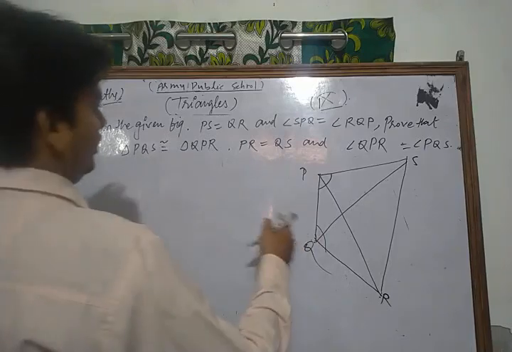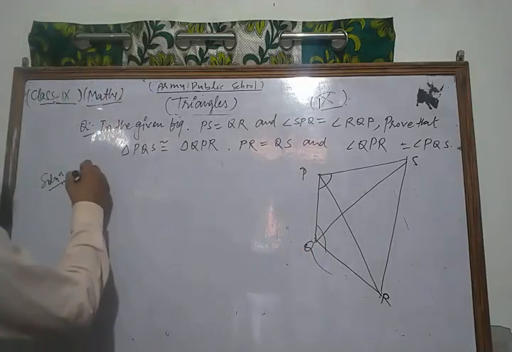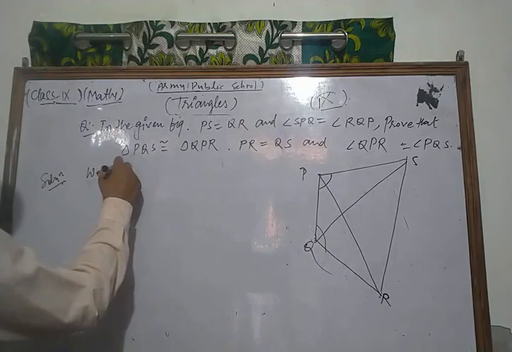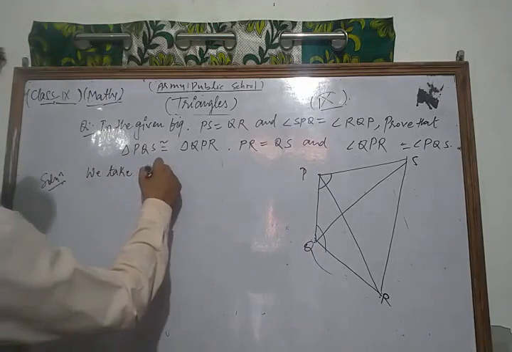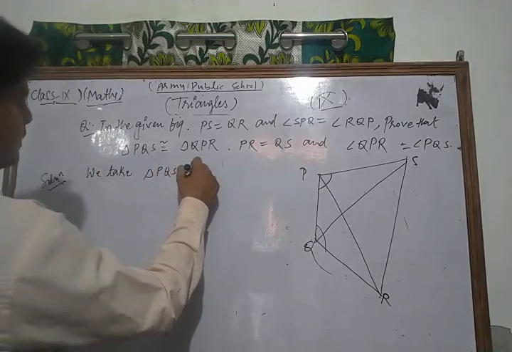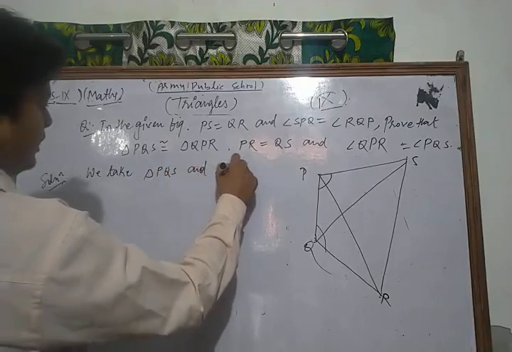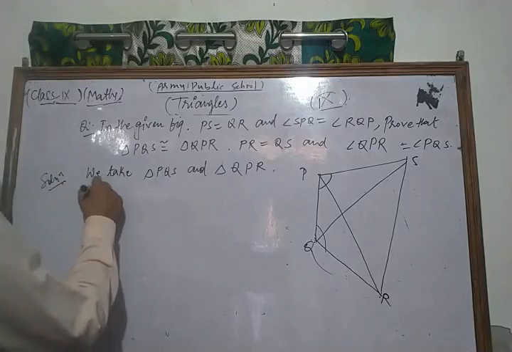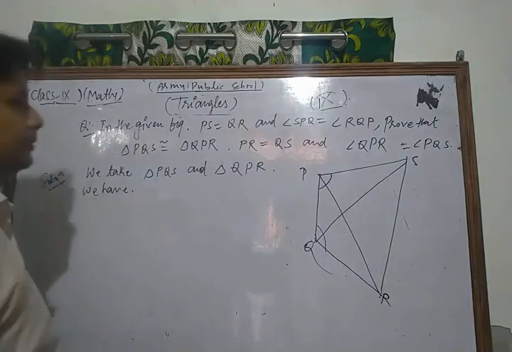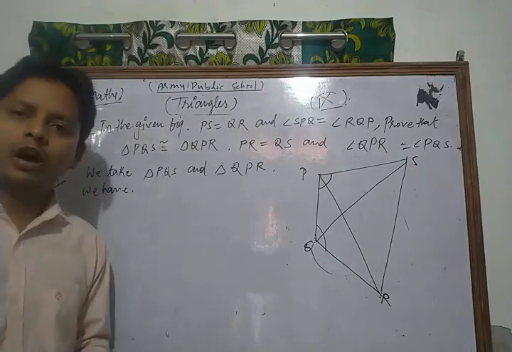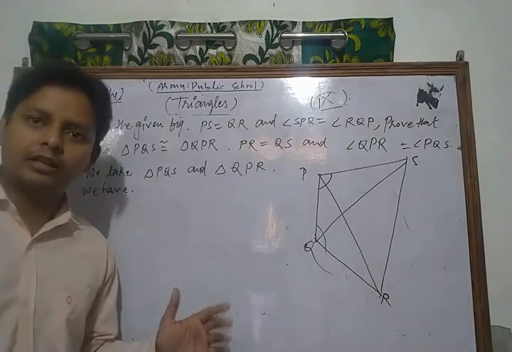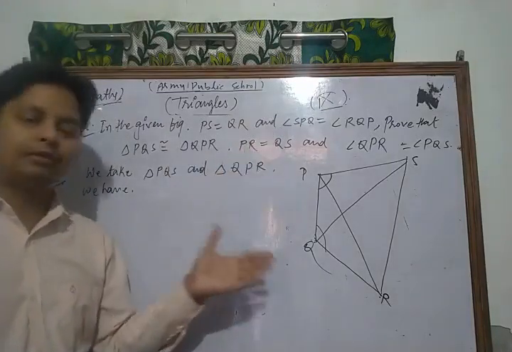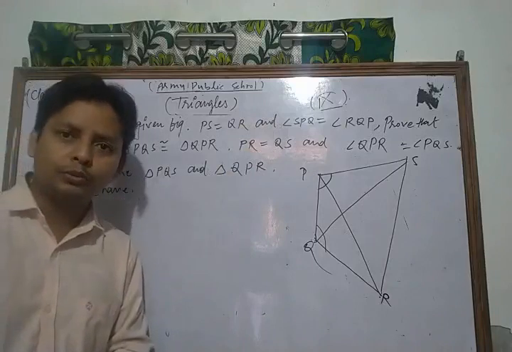In this way we take both triangles, triangle PQS and triangle QPR, because we have to show that both the triangles are congruent to each other.